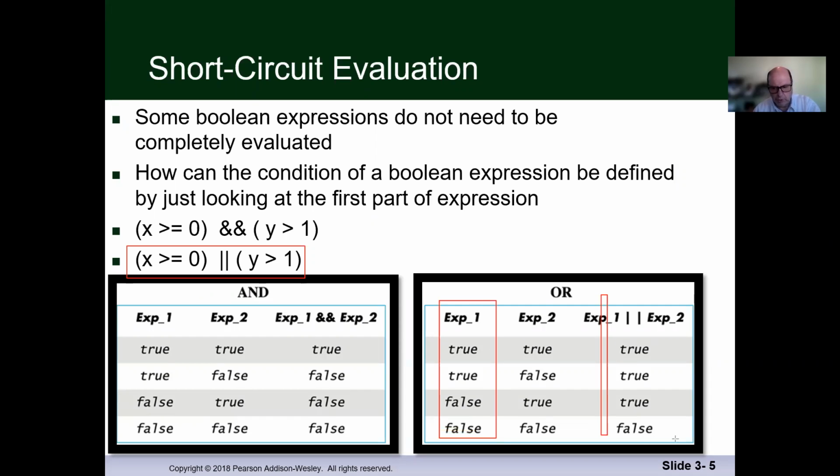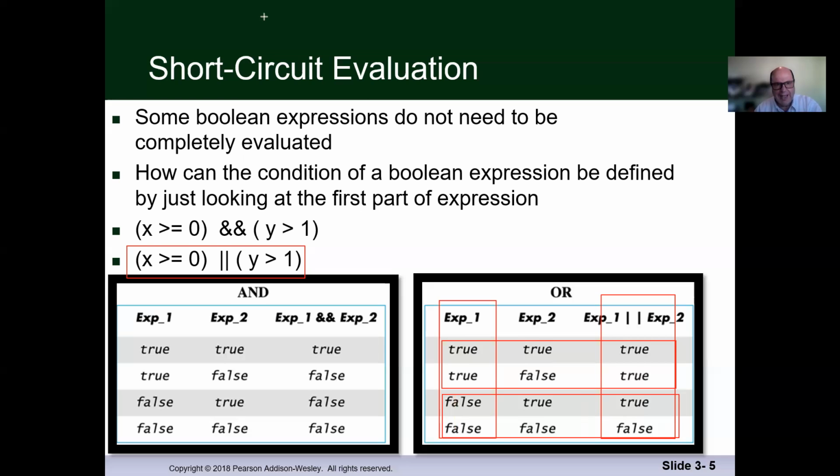Now, if I'm looking at true for the first one, the end result is true. It doesn't matter what the second one is. As far as I see true on the first one, I know the total is true. I don't have to look at the second one. But if it's false on the first one, I have to look at the second one to determine the result.